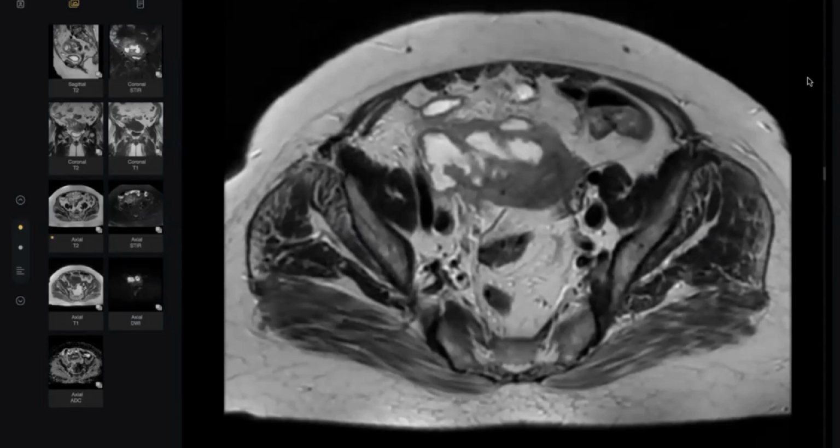So it is our task to diagnose any complication, from appendicular pseudomass up to abscess, pancreatitis, peritonitis, any other complication. It is very important.